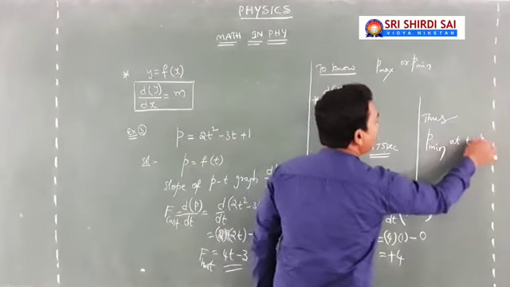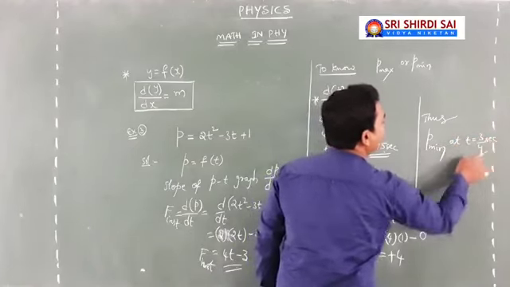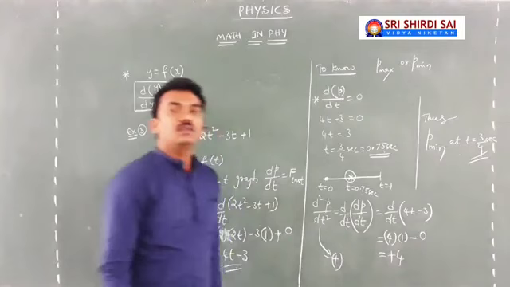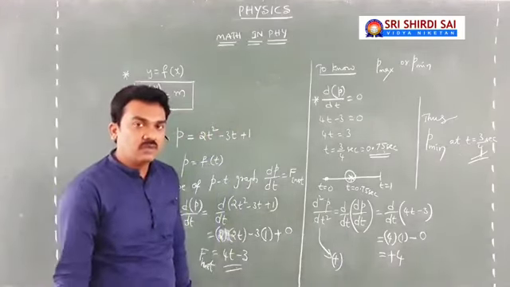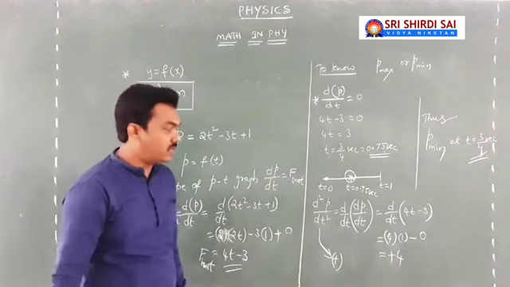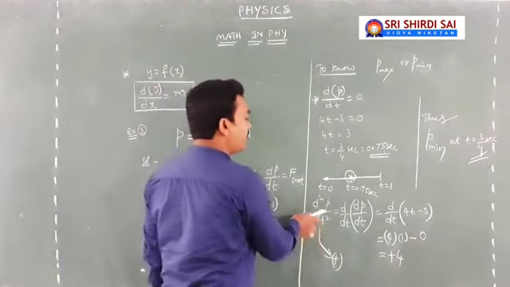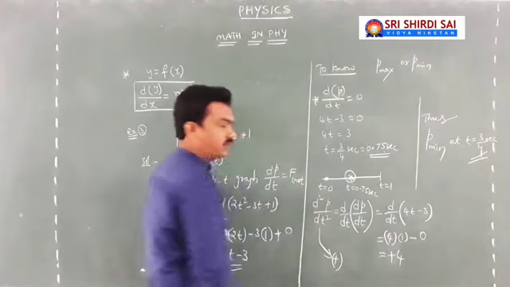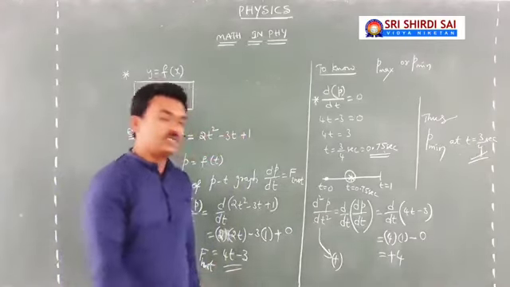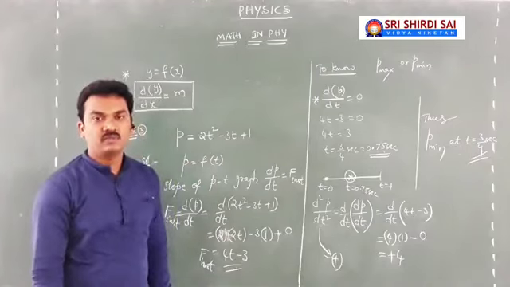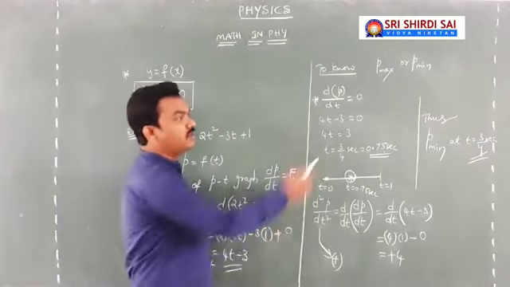At t equal to 3 by 4 seconds, it is minimum. Sir, then where is it maximum? We can't define its maximum value because we come across d square p by dt square positive. If it is negative, we can define maximum, but if it is positive, we can't define maximum. We can define a minimum.